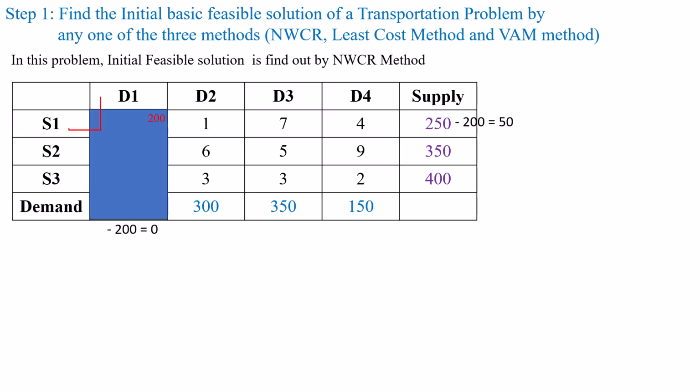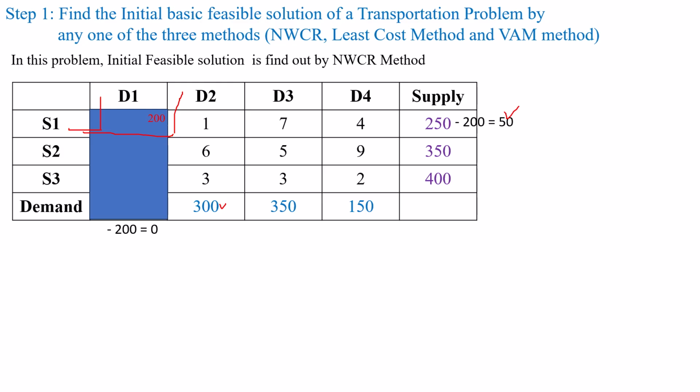Next, select the northwest corner cell, that is the S1 row and D2 column cell, and observe its supply and demand. Here supply is 50 and demand is 300. Among these two, the minimum value is 50.